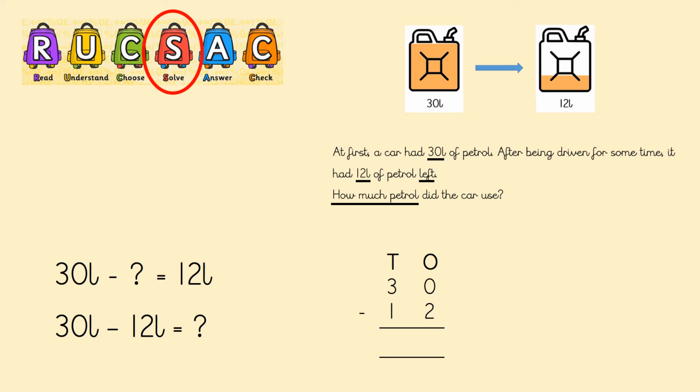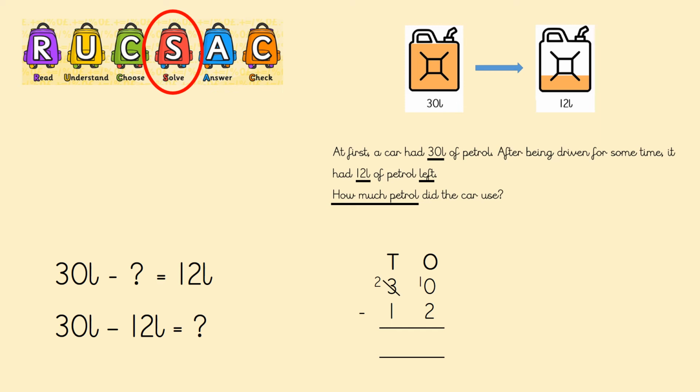Starting with the ones, 0 ones take away 2 ones. Oh, if I've got 0, I can't take away 2 of anything. I better rename. I'm going to cross out that 3. I won't have 3 tens anymore. I'll have 2 tens, and then I'll bring 10 ones over into the ones.